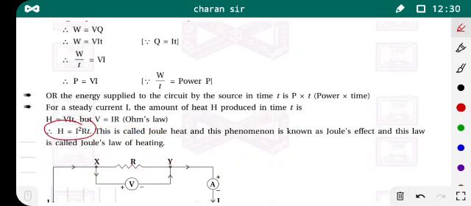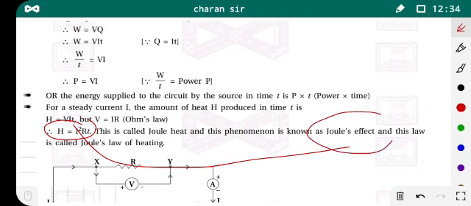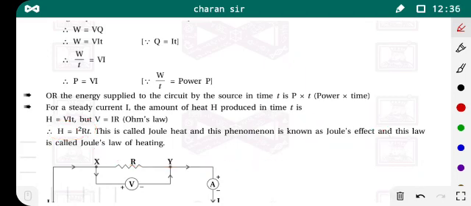So you can find the heat that can be expended when we have only resistive circuits. Heat is one type of energy.